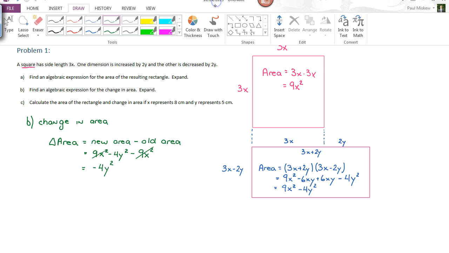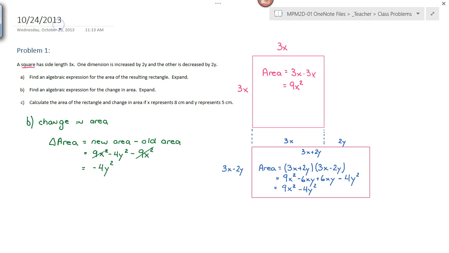So now, if we take part C here, we want to calculate the area of the rectangle and change in area if x represents 8 centimeters and y represents 5 centimeters. So let's say A1 is going to equal the area of the square.